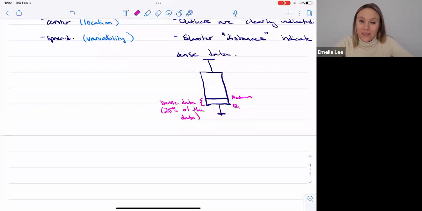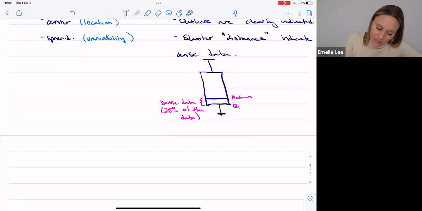Right, between Q1 and the median, you'll always have 25% of the data, right? And we are used to looking at small examples. You know, we don't want to do it by hand for any data sets larger than 15, and so it gets a little bit weird. But once you have larger data sets, you can look at the quartiles and the medians, and you'll know that you'll have 25% of your data between those two points, right?